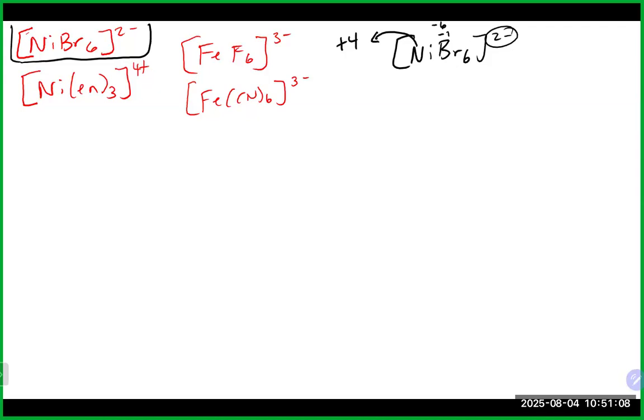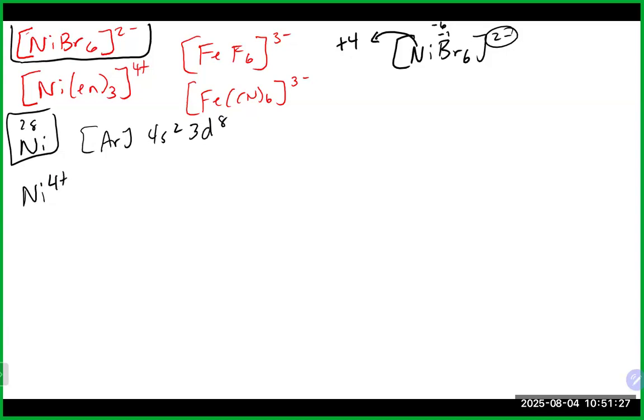Now that's really important because if we look at nickel on the periodic table, it's 28, and it has an argon 4s2 3d8 arrangement. With nickel with a +4 charge, as we talked about earlier, it will definitely lose the 2 electrons from the s.